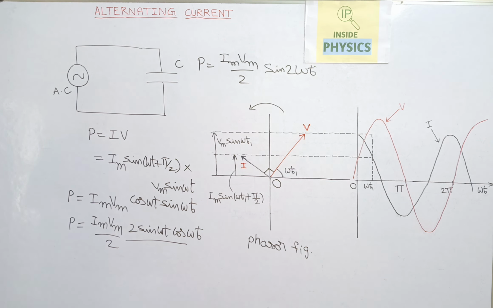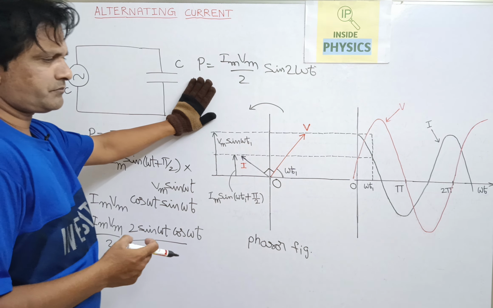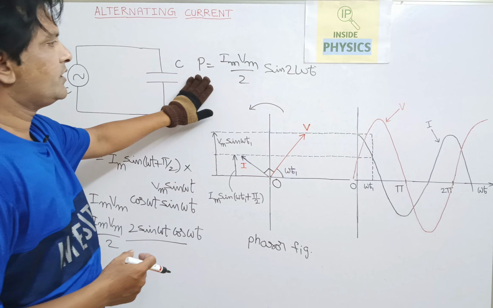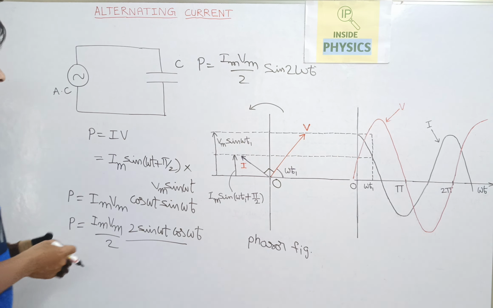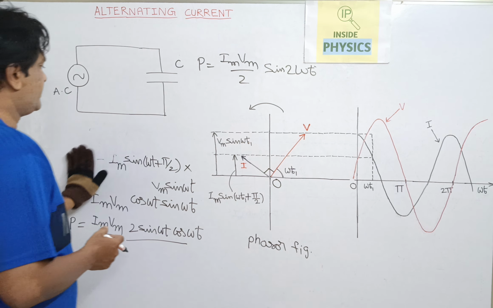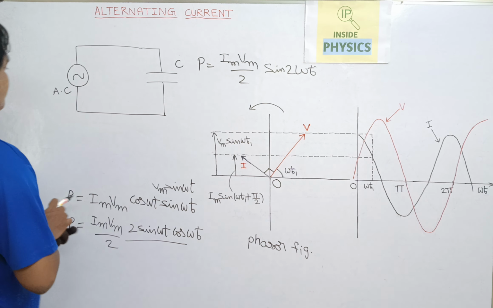This is the instantaneous power. When we take the average, the total power in a particular time interval, we need to calculate the average.